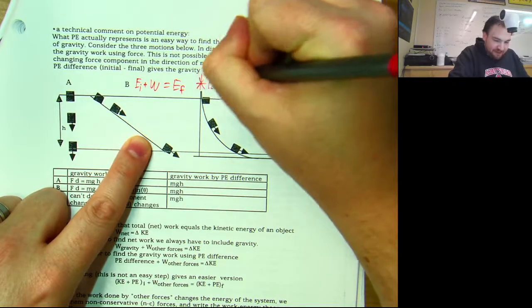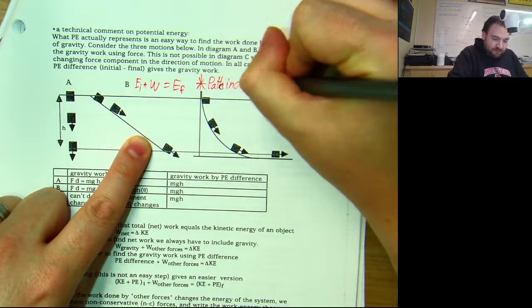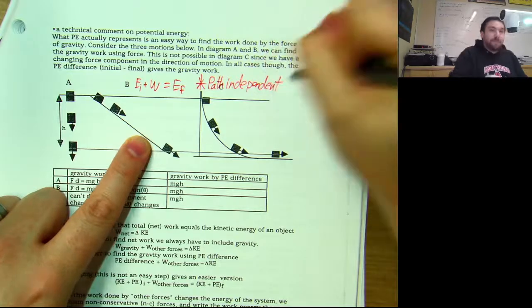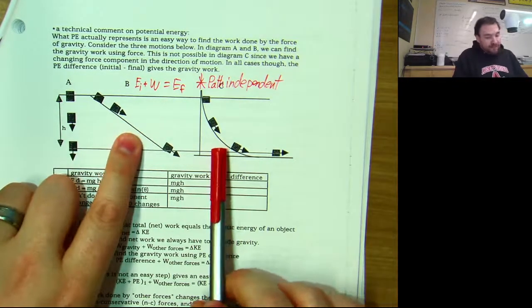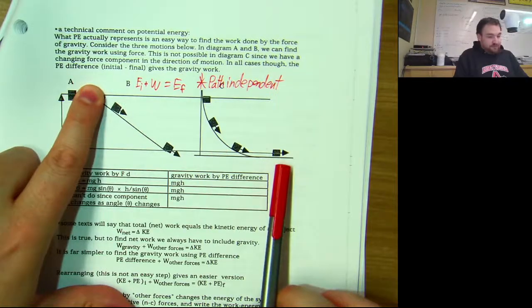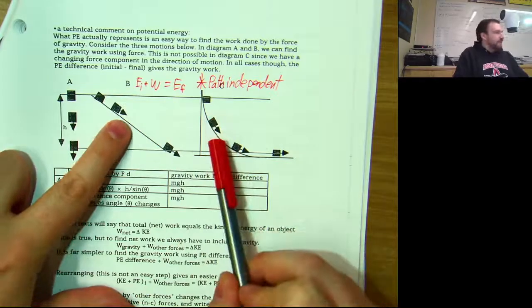This thing is path independent. So it doesn't matter what happens in the middle. All we care about is the beginning and the end. Because you've got energy initial, energy final. It doesn't say energy middle. Who cares about energy middle?